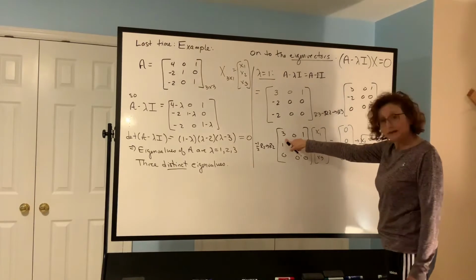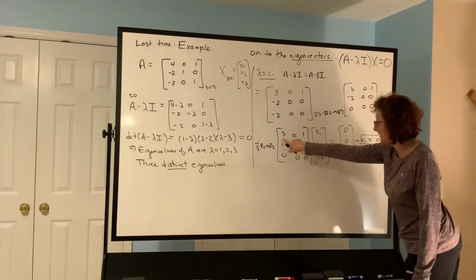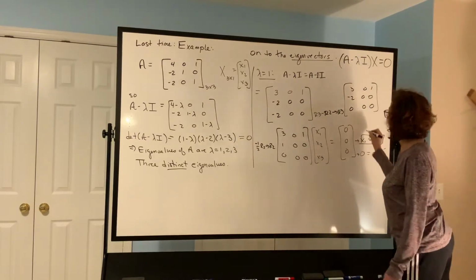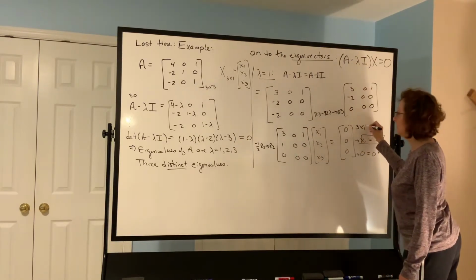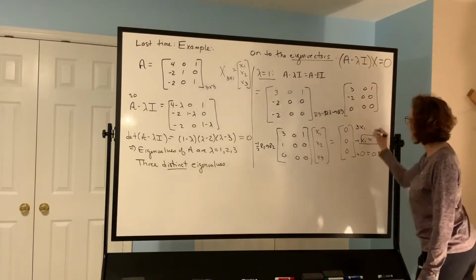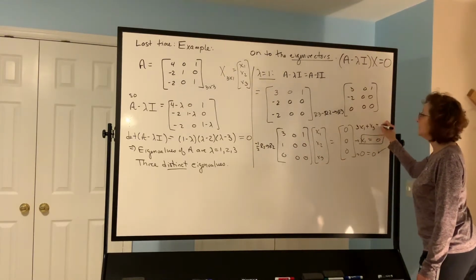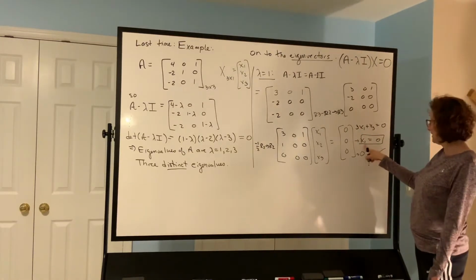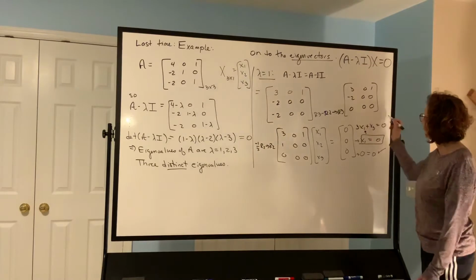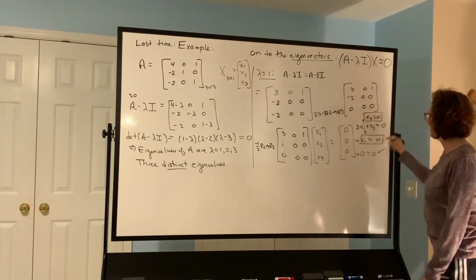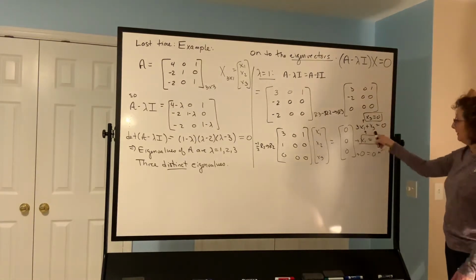All right. Now, what does my next row say? My next row says when I do this multiplication, that times this is equal to that guy. I get 3 times x1 plus 0 times x2 plus 1 times x3, right, is equal to 0. But I just found that x1 is 0, so when I put that in there, that tells me that x3 is also 0, because if x1 is 0, then x3 becomes 0.